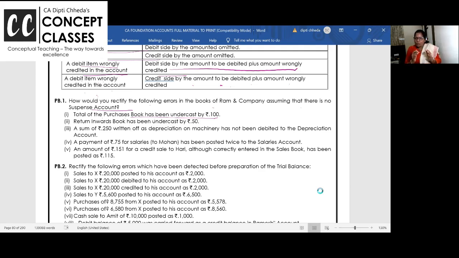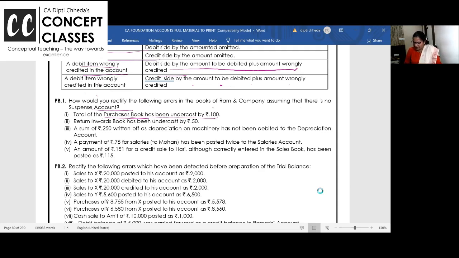I hope you remember subsidiary books: in the purchase book, the party account is credited individually, but the purchase account is debited once. So only there is a mistake in the total; on the debit side, 100 rupees is taken less. Can you go to that account and write on the debit side, to undercasting of the purchase book, and rectify the error like that?